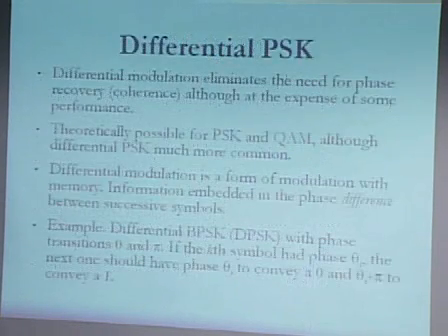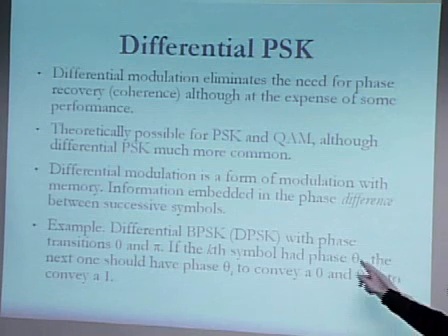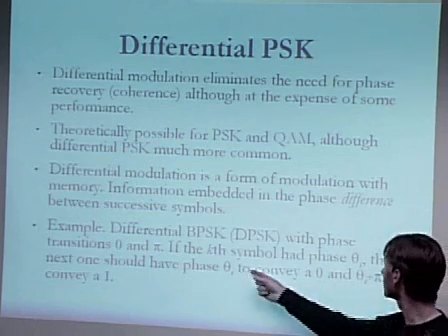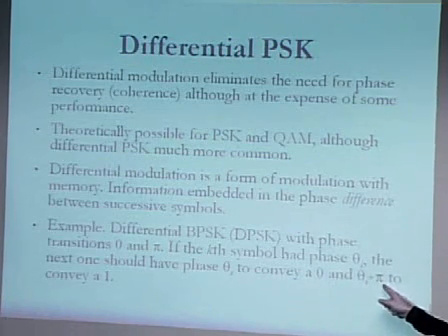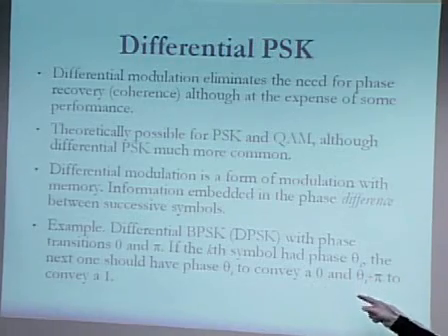Now, in differential PSK, the information is in the phase differences. So we send a symbol with a certain phase, theta sub i, and then the next symbol has a phase which is theta sub i plus pi or plus 0, depending on whether we want to send a 0 or a 1. Okay?